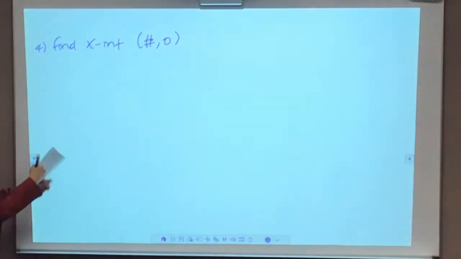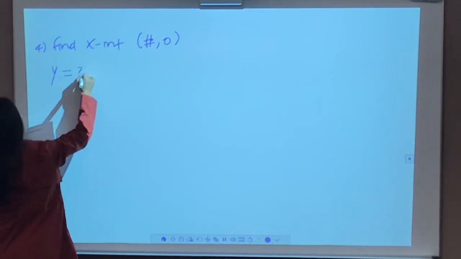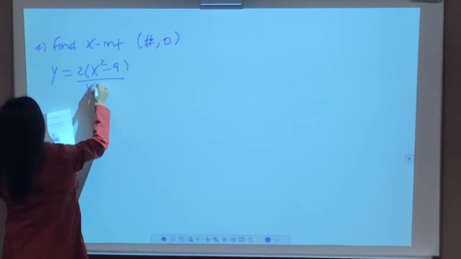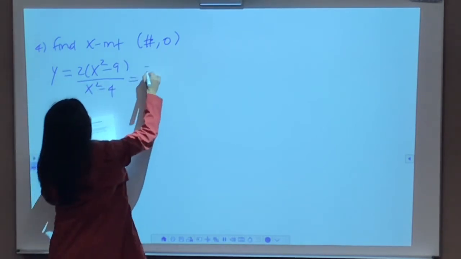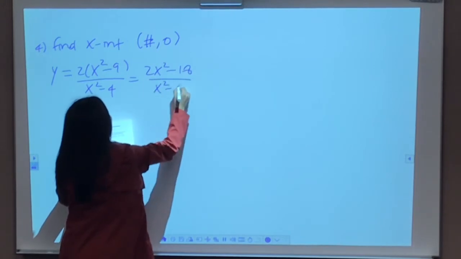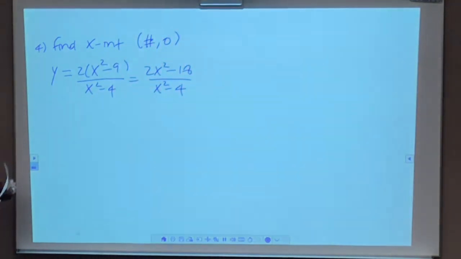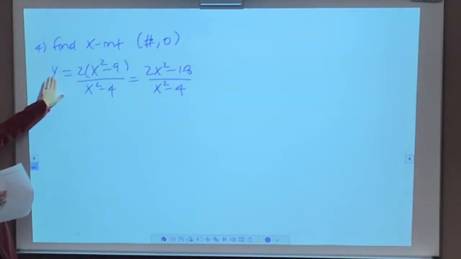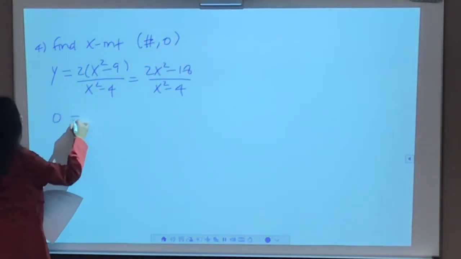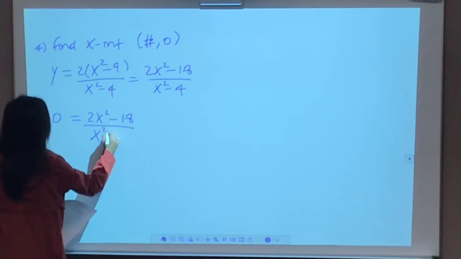All right, my problem is y equals... Since x-intercept means y has to be equal to 0, I'm going to say 0 is equal to 2x squared minus 18, all over x squared minus 4.